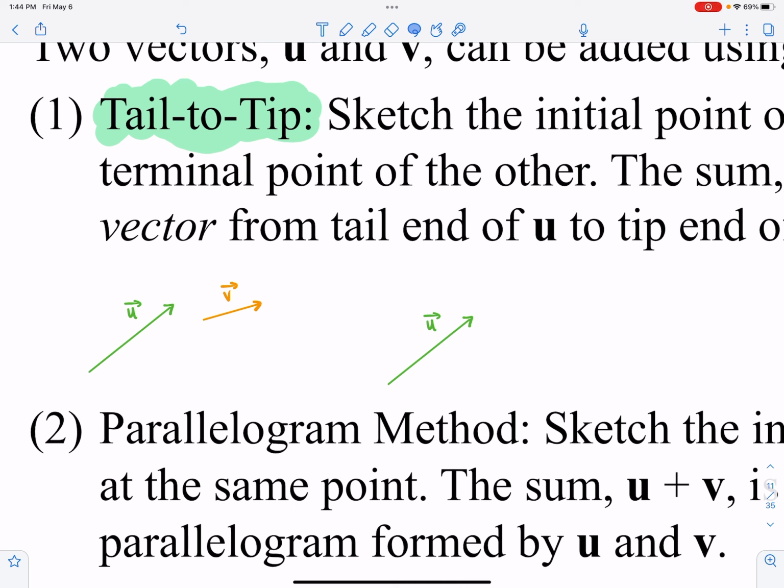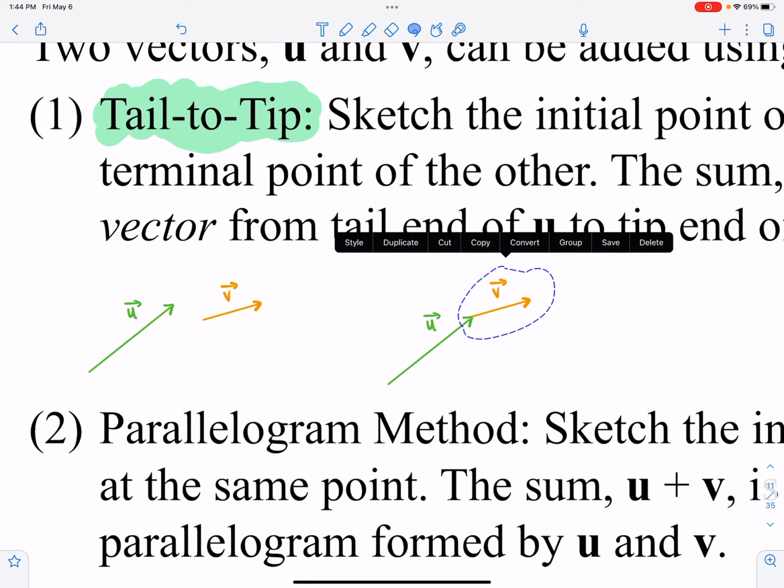We're also going to talk about the algebraic interpretation, which is pretty straightforward, but I want you to understand the geometric interpretation. So if we were to copy vector v and do exactly what the method's called, we're putting the tail of vector v to the tip or the head of vector u.